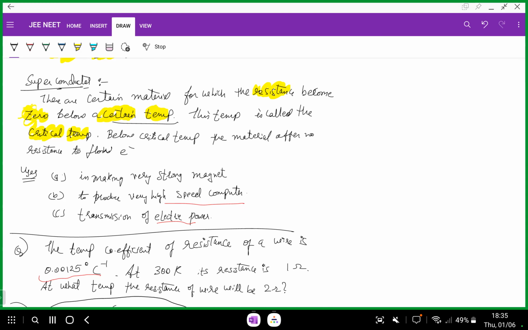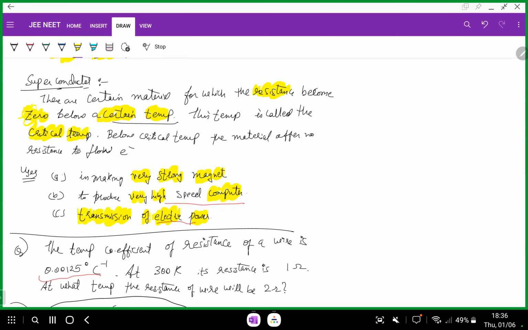So, uses. It is used in making very strong magnets. It's used in making very high speed computers. No resistance means we can use it everywhere for transmission of electrical power.